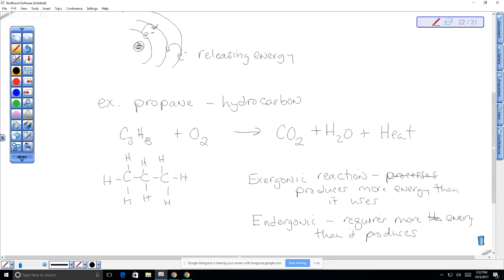Okay, so endergonic means that energy has to come in and it's absorbed by the chemical reaction. Exergonic is energy is released.